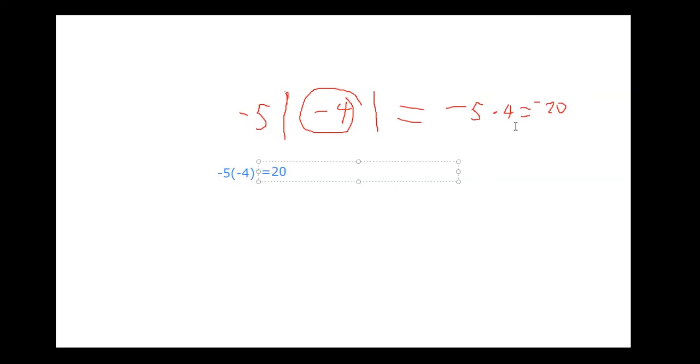So this one right here, somebody got this one right, negative 20, while the one down below becomes negative times a negative, which is positive 20. Okay.